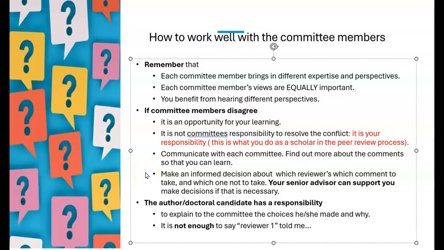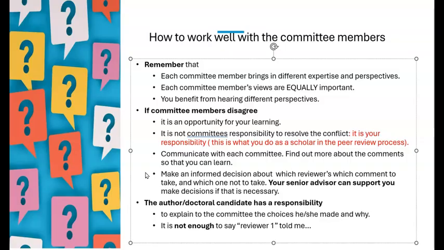Please remember that each committee member brings unique expertise and perspectives into your work. Their backgrounds and beliefs and training may be different from each other, but each committee member's views are equally important. So please do not think that one's view is better than the other.